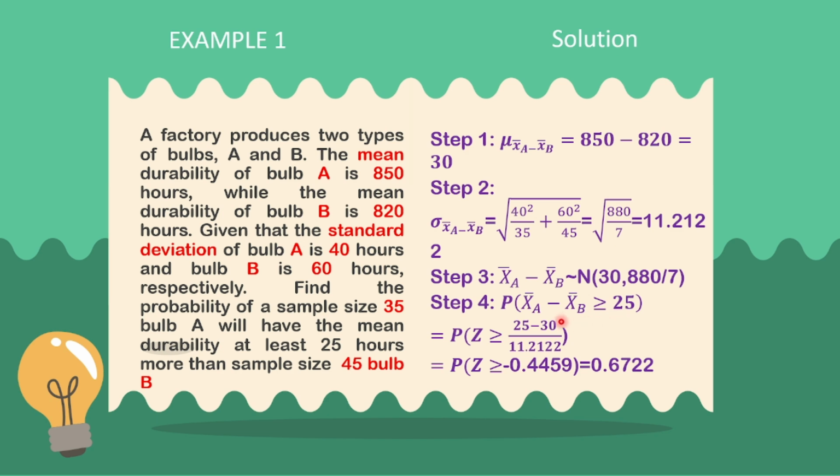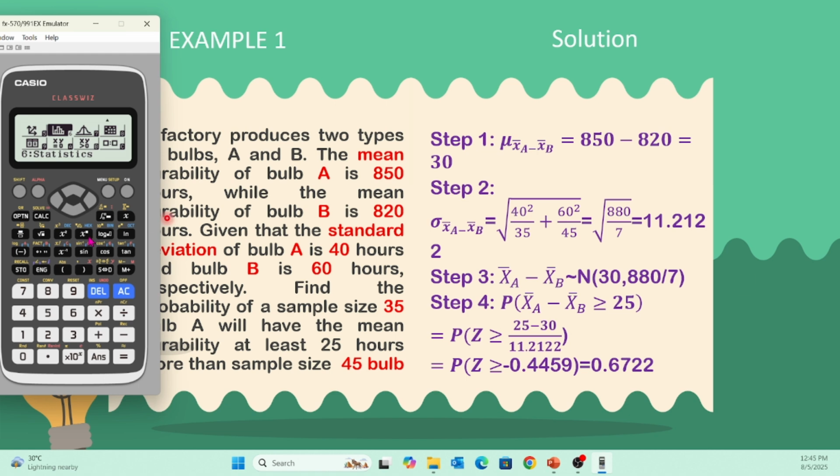This will be equal to the probability of Z, where 25 converted to a Z score is 25 minus the mean from step 1, which is 30, divided by the standard deviation from step 2. Then we get this value. We have two ways. We use Menu 7 for distribution, and then Normal CD.